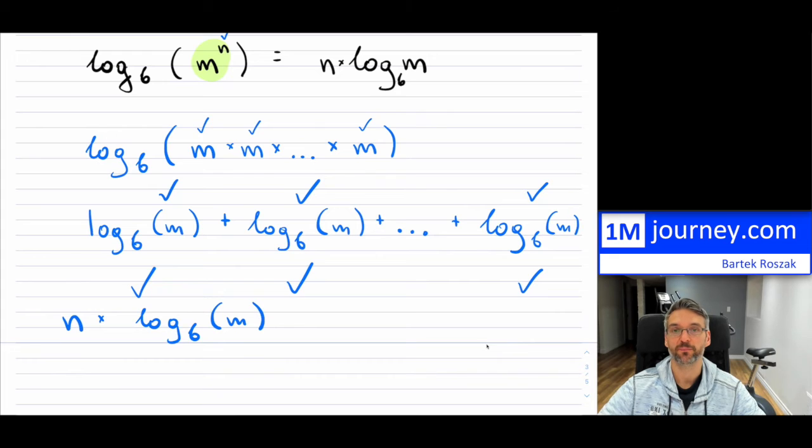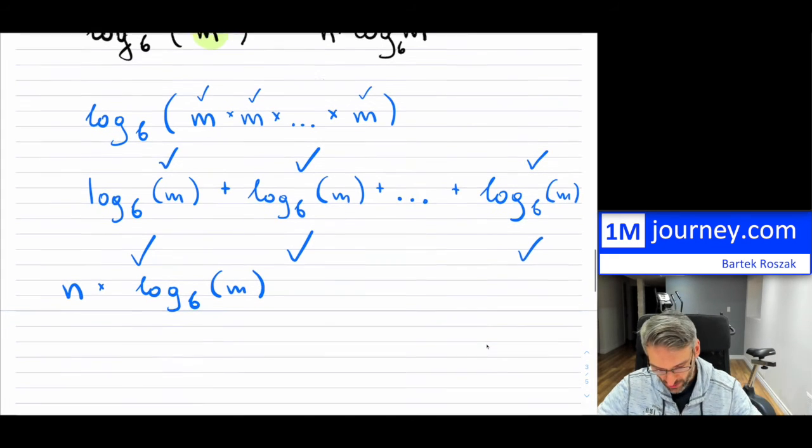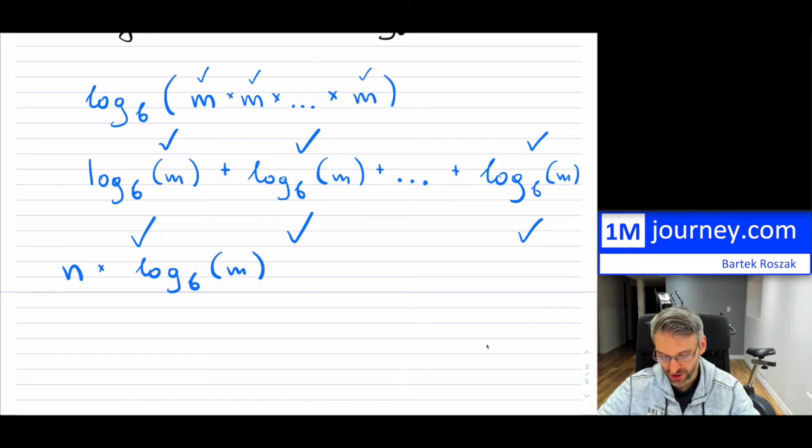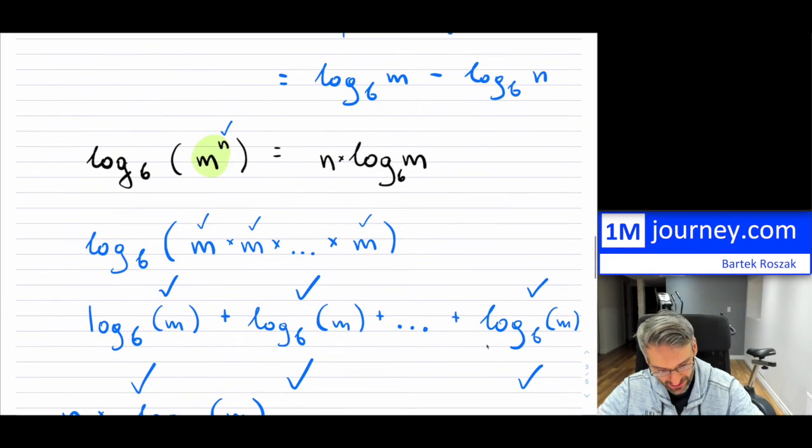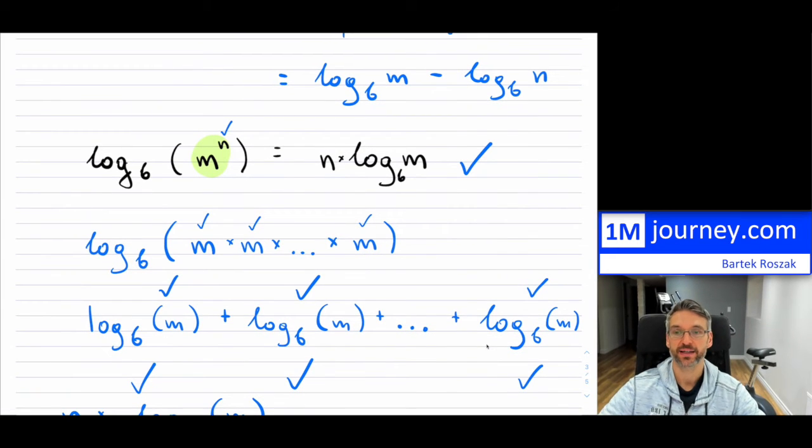So the original log b of m raised to the exponent of n is equal to n multiplied by log b of m. So it's like dropping the exponent in front of the log. Anytime you have an exponent, you can drop it in front, and it comes from this property. Exactly, that's what you have on the right-hand side. So that's how you can prove this one. You can actually use that original property to help you.